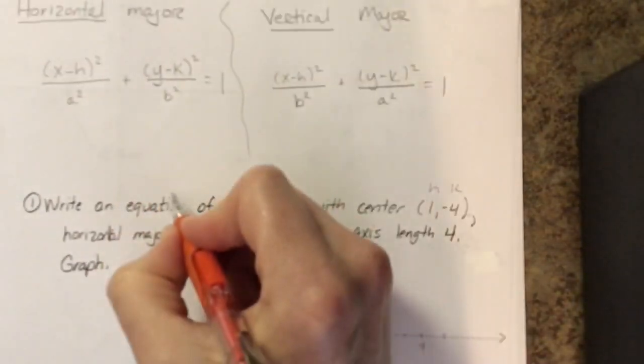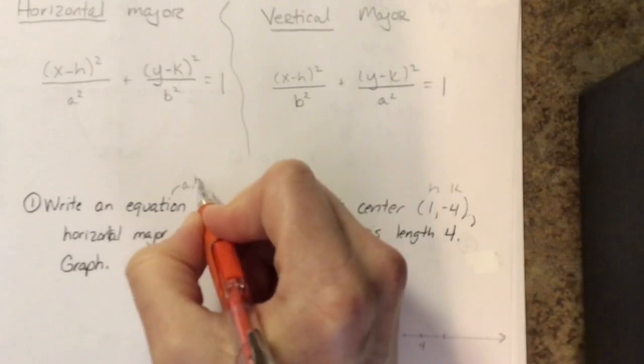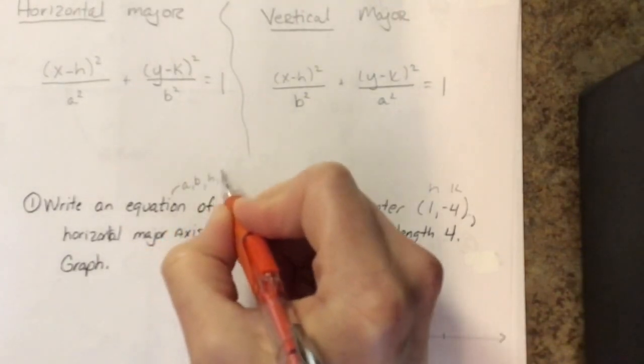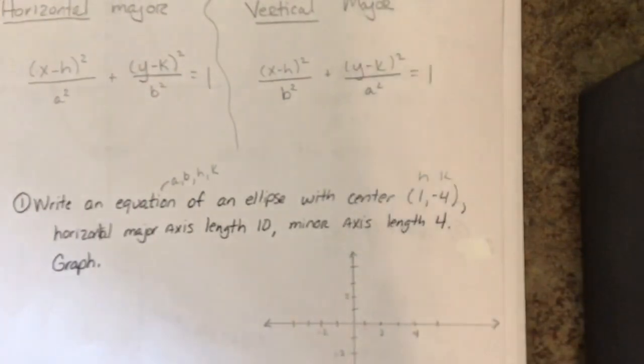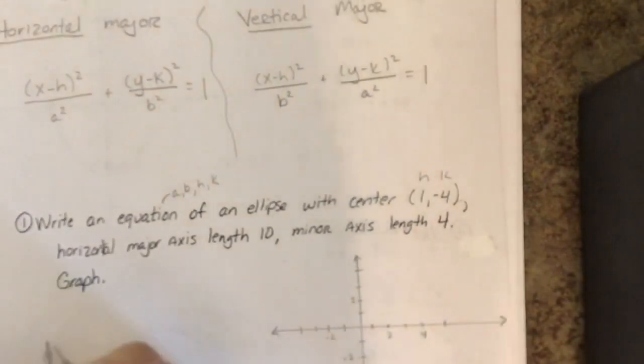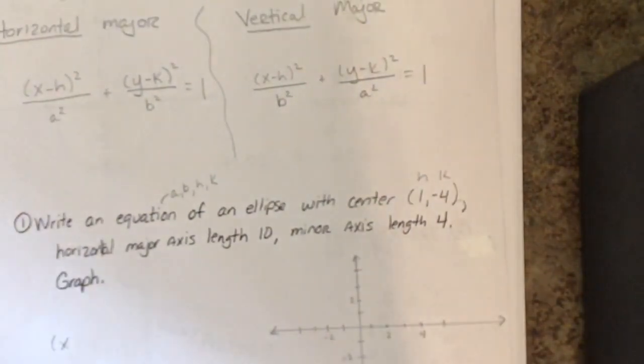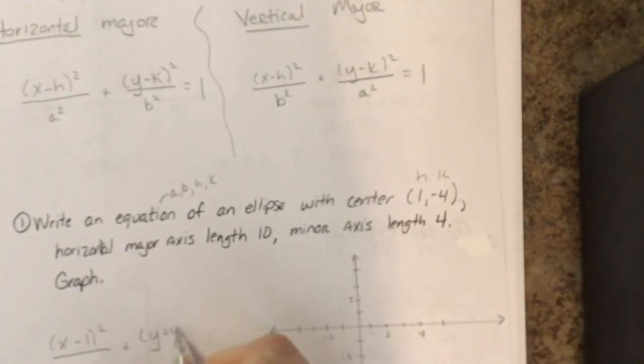To write the equation, normally we just need a and b, but now we also need h and k, four things. So we'll start out (x minus 1) quantity squared plus (y minus negative 4), double negative, so plus 4, quantity squared equals 1.